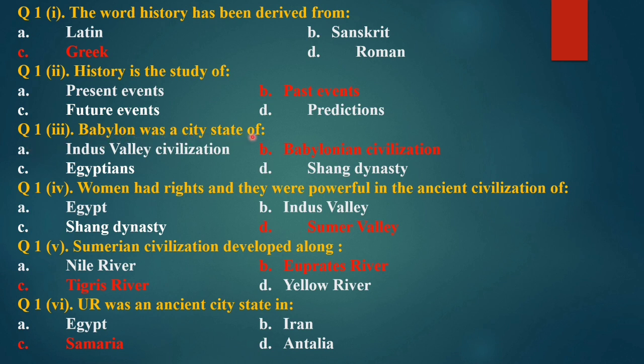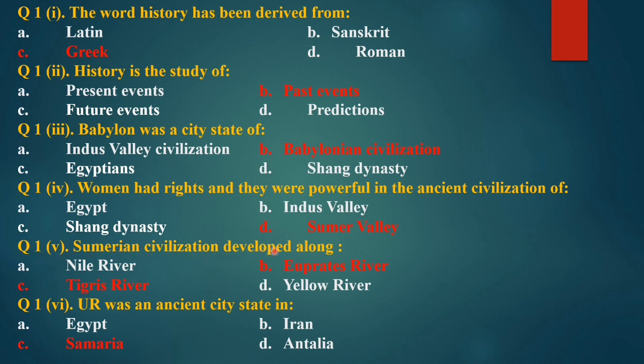Babylon was a city-state of Indus Valley civilization, Babylonian civilization, Egyptian and Shang dynasty. Correct option is Babylonian civilization. Women had right and they were powerful in the ancient civilization of Egypt, Indus Valley, Shang dynasty, Sumerian Valley. The correct option is Sumerian Valley.